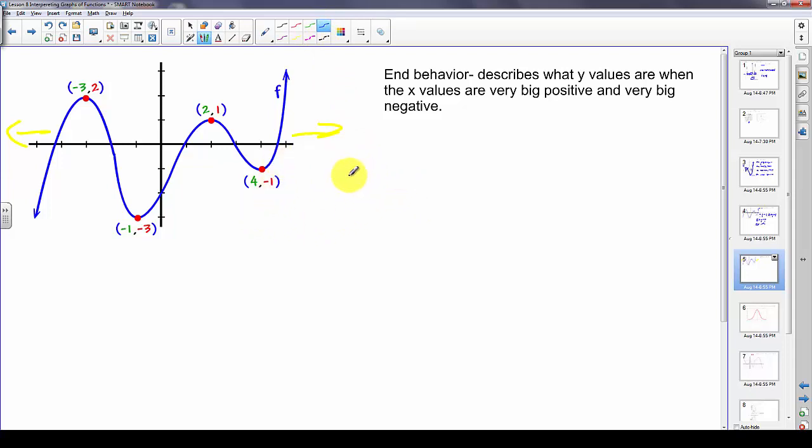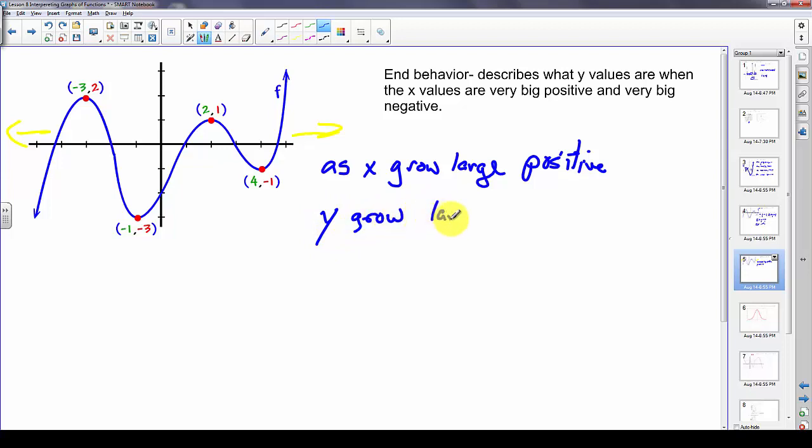So to do that, we say as x grows large, positive, y grows large, positive.